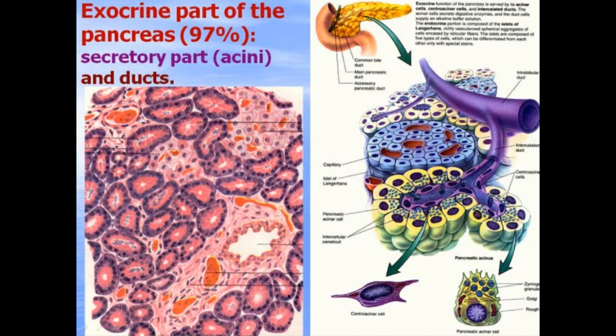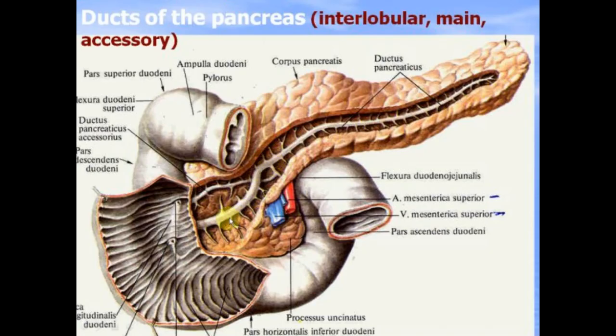Then the interlobular duct, which is located in interlobular connective tissue and collects the secretion from several lobules, and then the main duct, which releases the pancreatic juice into the duodenum, and there it participates in the digestion of food.